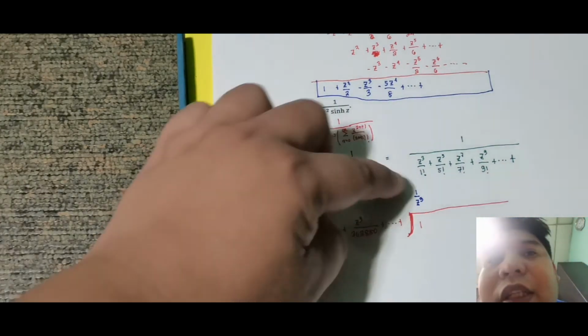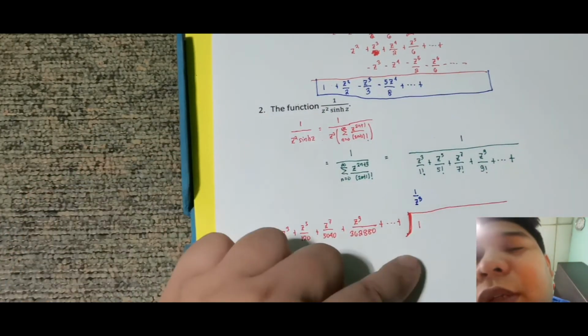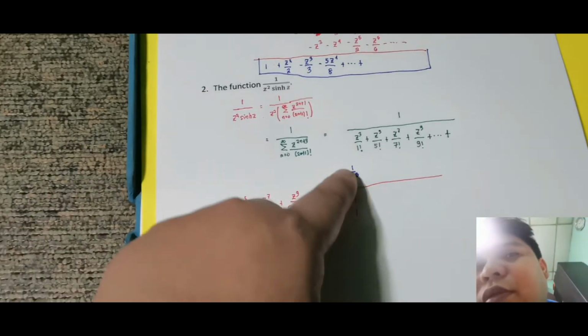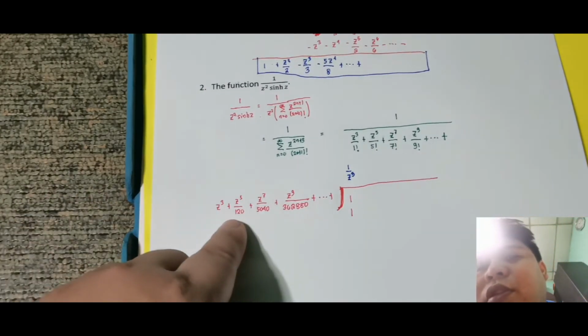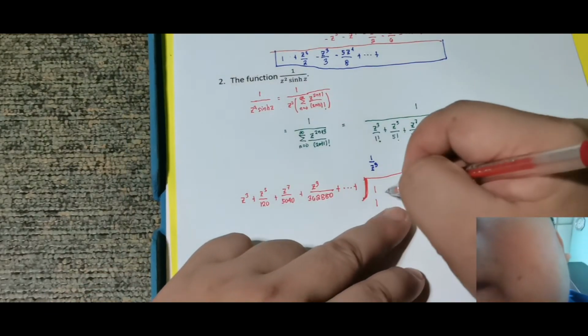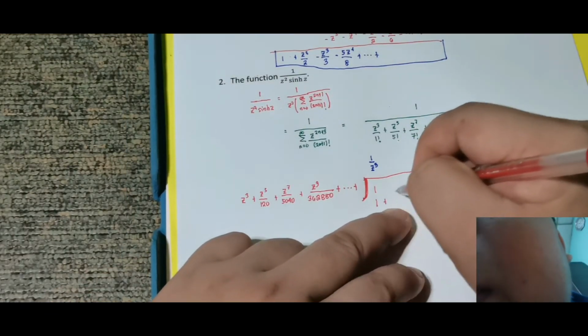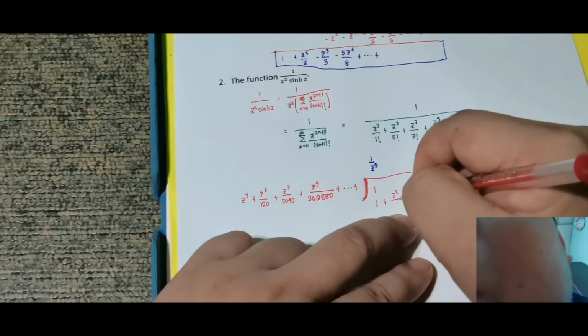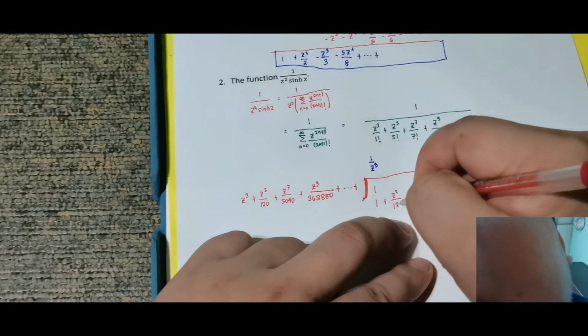Okay, then i-multiply natin 1 over z cube times dito, this is 1. Okay, then 1 over z cube times dito, so magiging z squared, no? So that is plus z squared over 120.